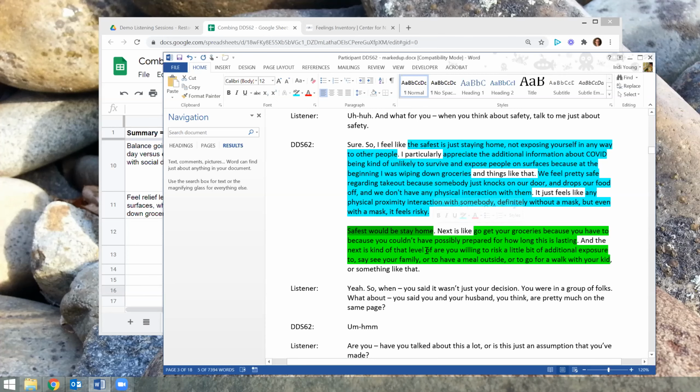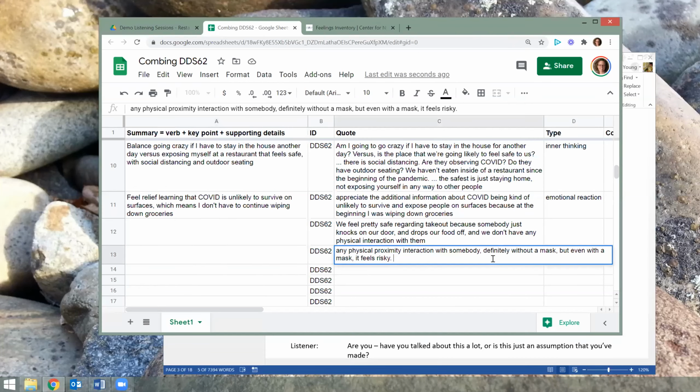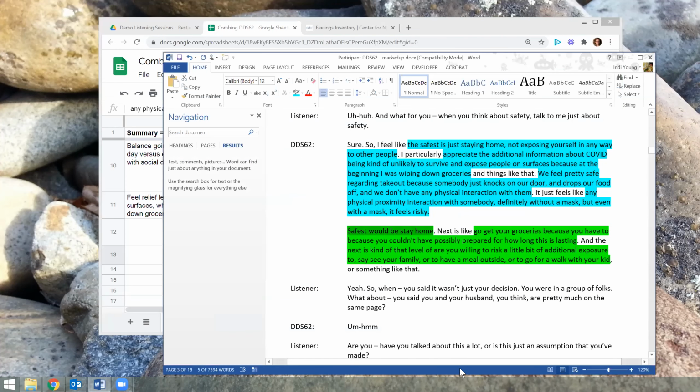That has to do with that last sentence that we just copied over there. And then next part, go get your groceries because I'm going to go ahead and copy this. And next.